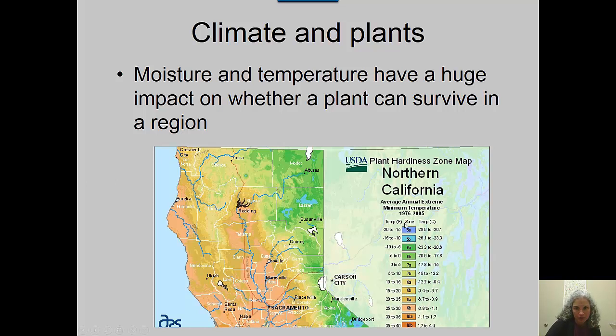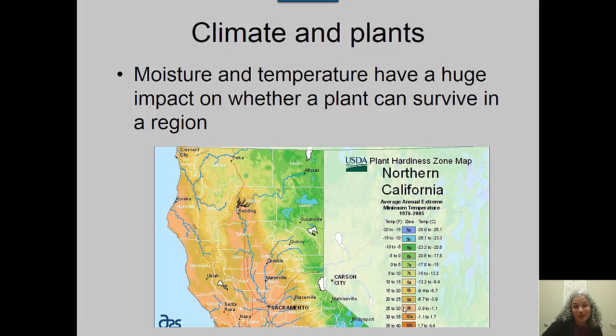So you can see we do have some of these colder zones, like at high elevation on Mount Shasta. Down towards Redding, they have some of these more moderate zones, 9A, 9B. It doesn't get as cold there in the winter.